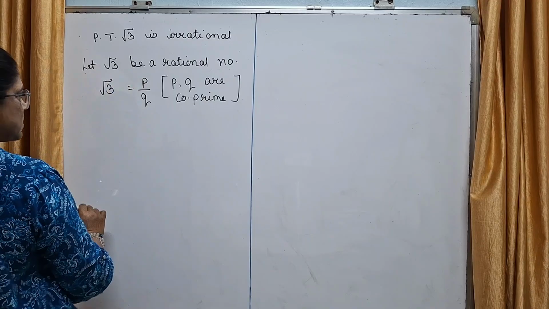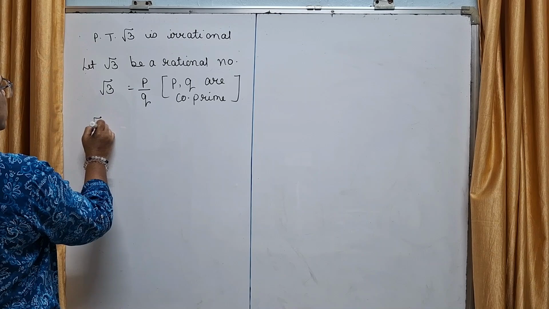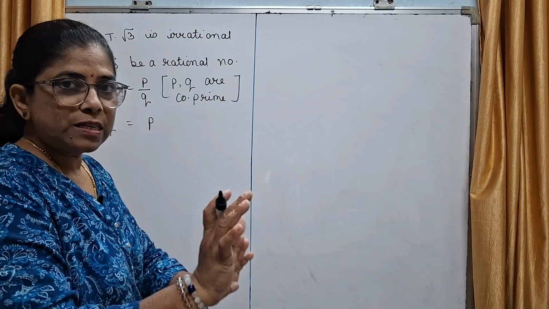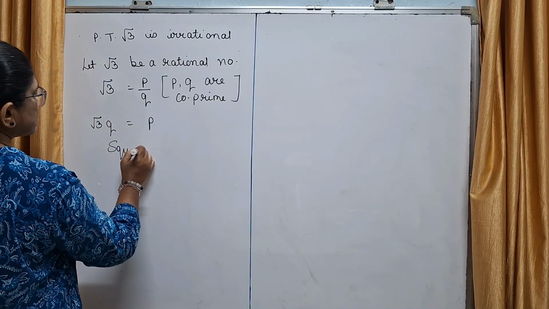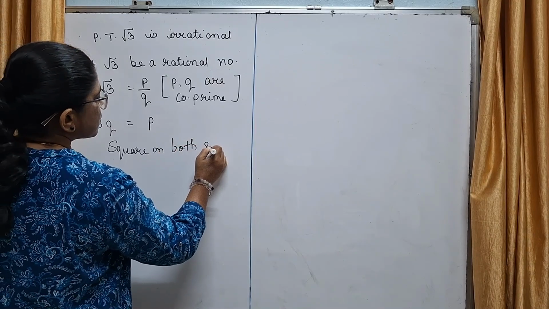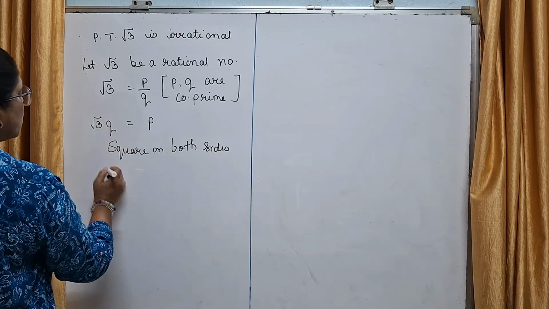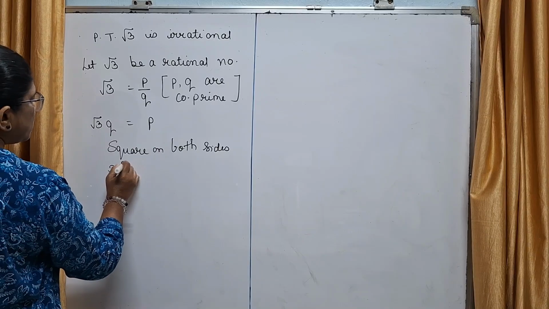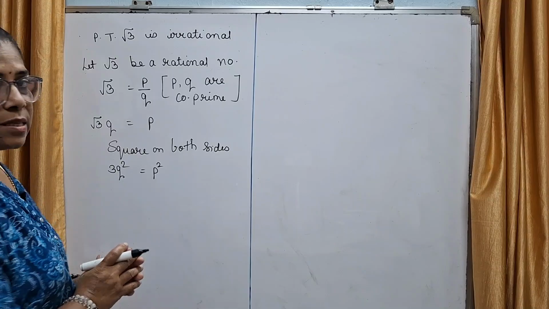Okay, now let's solve this. Root 3 into Q, root 3Q is equal to P. We will square on both sides. Now when we square this on both sides, root 3 square is 3. 3Q square is equal to P square.